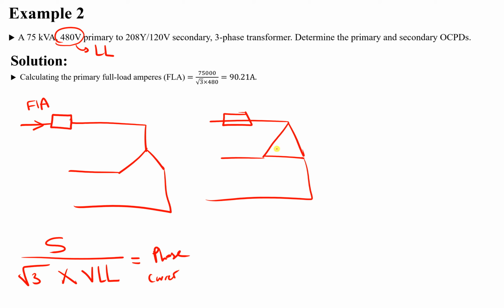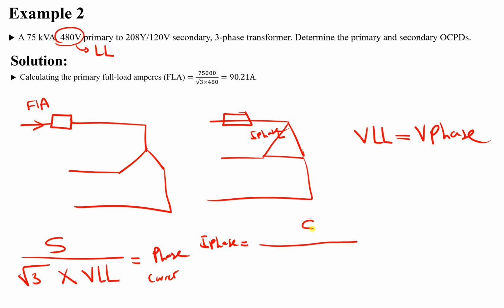What about delta connection? In delta connection, you will see that the V line to line is equal to V phase, right? Great. So if I would like I phase, it will be simply equal to S, the apparent power, divided by 3 multiplied by V phase, which in our case here will be the same as V line to line.